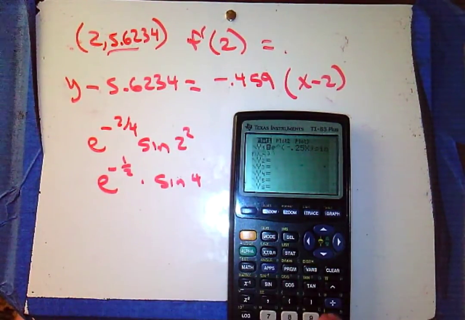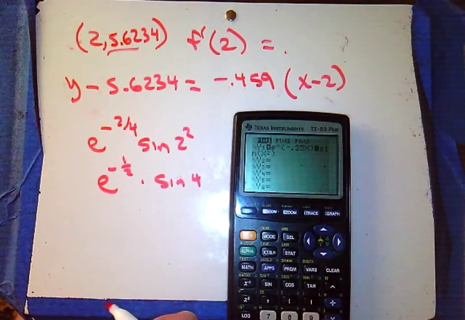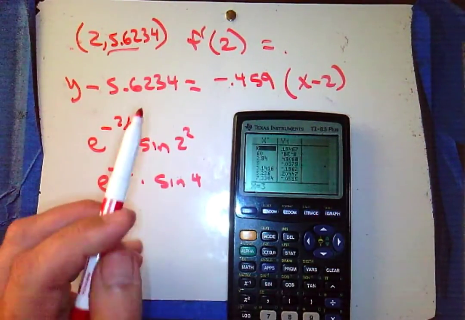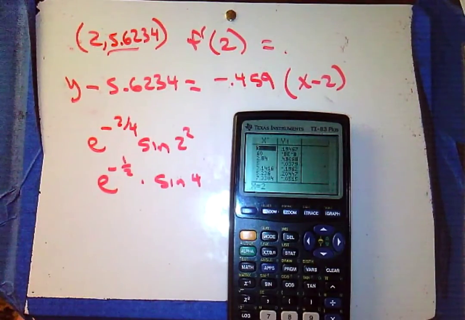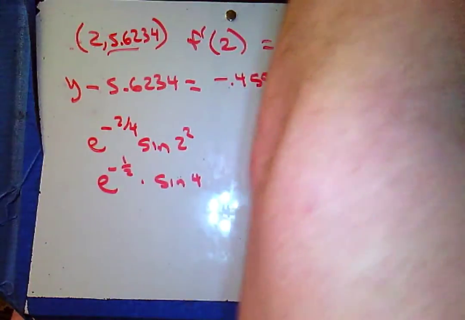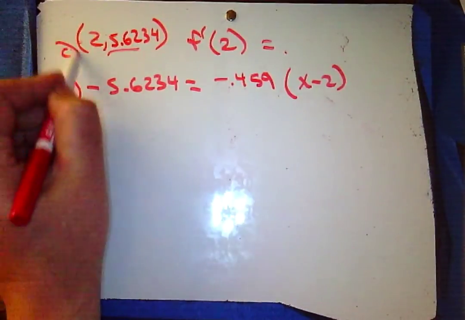Second, insert a multiplication sign, and then that's it. Let's go over here and plug in a 2. That's it. I hadn't actually plugged 2 in. Oh my goodness. Anyway, here's your tangent line for part C.